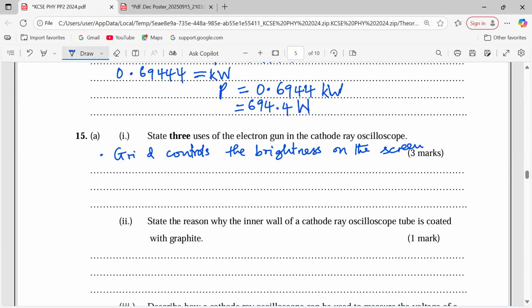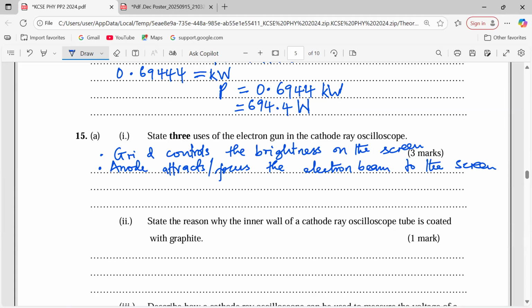We also have the anode, which is part of the gun. The anode attracts and also focuses the electron beam to the screen.